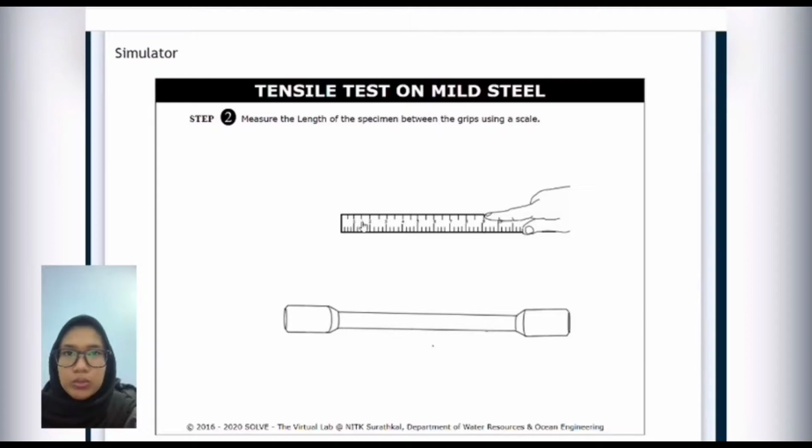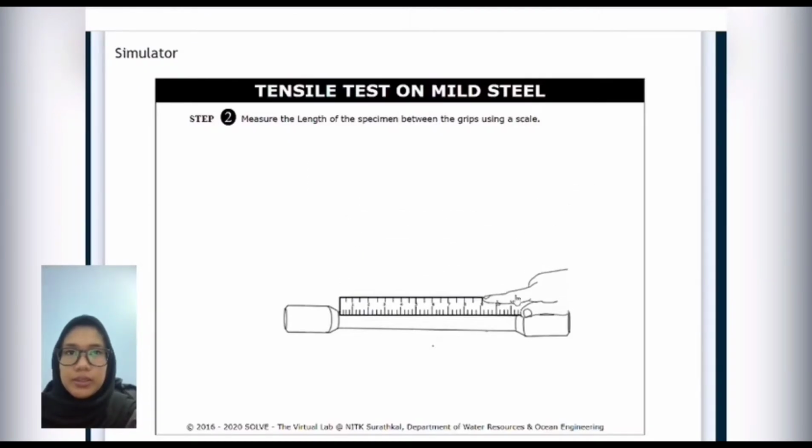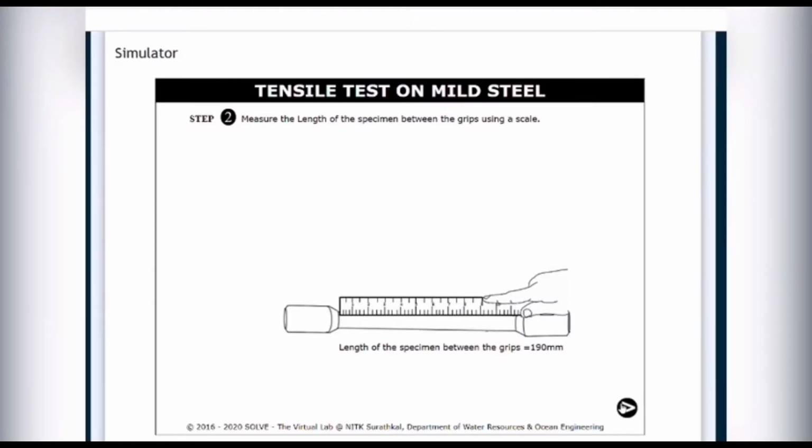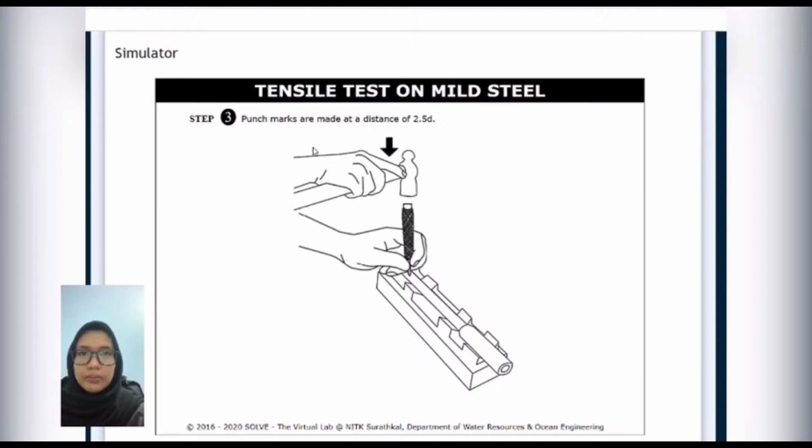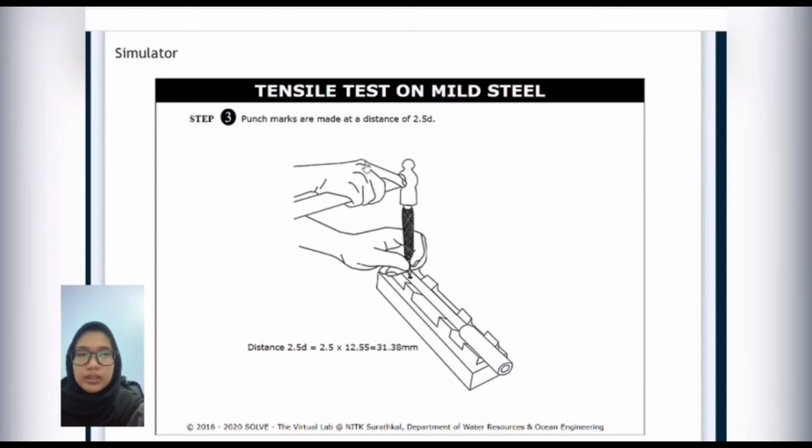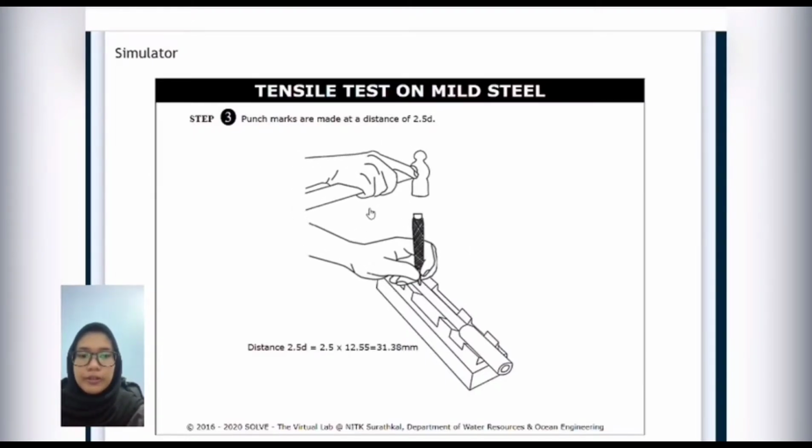Step 2. Measure the length of the specimen between the grips using a scale. Step 3. Punch marks are made at a distance of 2.5 D.